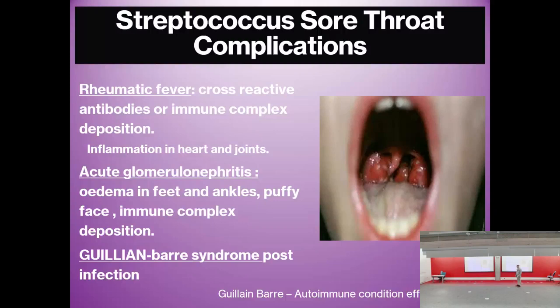If untreated, you can get acute glomerulonephritis. That is swelling of the ankles and the feet, puffiness. You can get inflammation of the heart and the joints, and that can lead to cardiac arrest. So again, if untreated, this can become life-threatening.